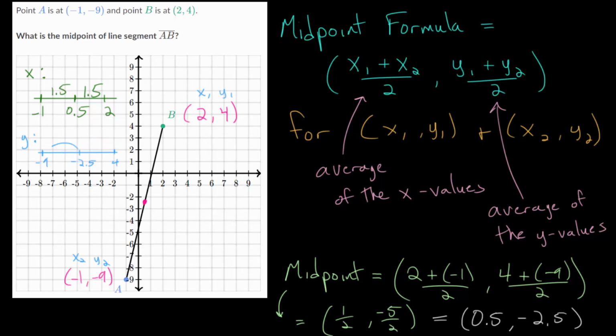And so we can find that distance by just subtracting 4 minus -2.5, that is 6.5, and -2.5 minus -9, or +9, that is also 6.5. So because it's the same value on either side, you know for sure that -2.5 is in the middle of these two numbers.